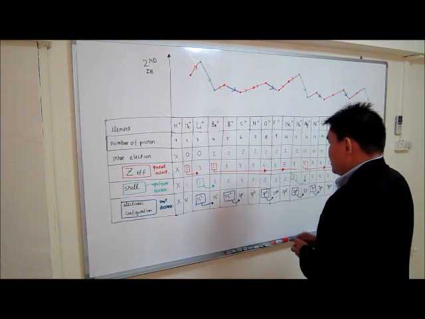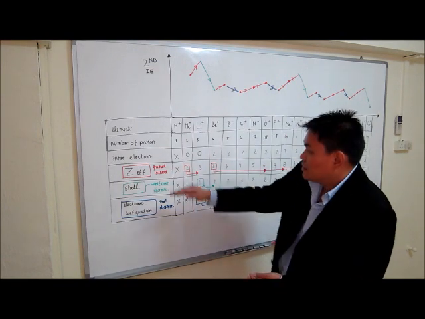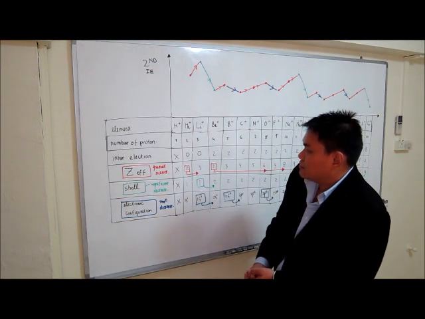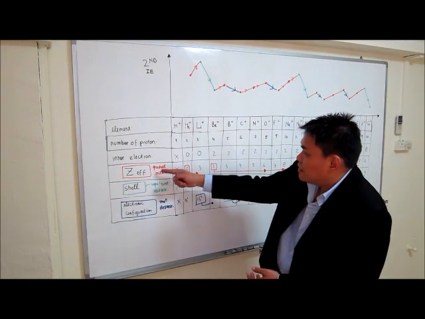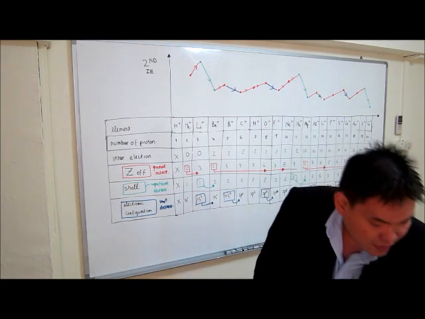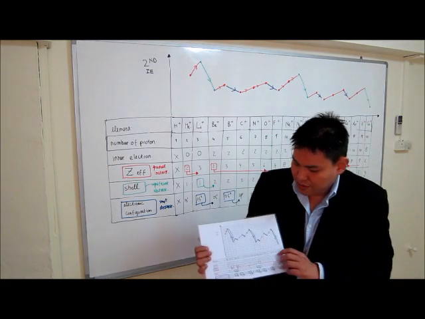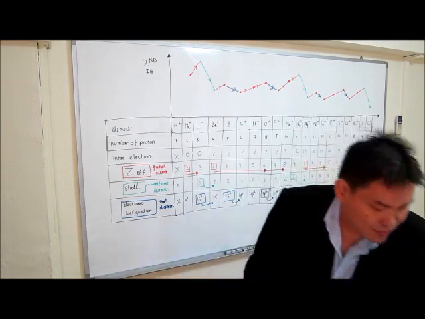So we have three factors affecting the second ionization energy: number of shells, the most significant factor, effective nuclear charge, and electronic configuration. You can check your answer with my answer here on the file.